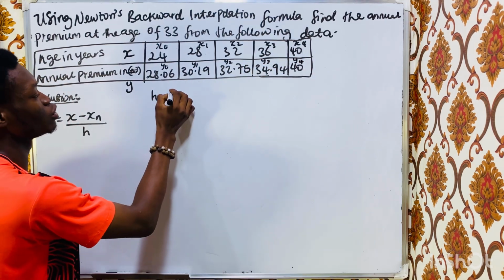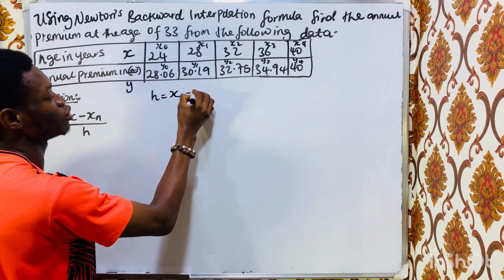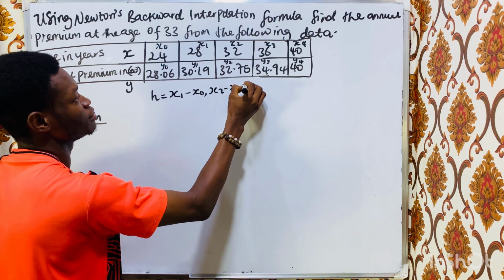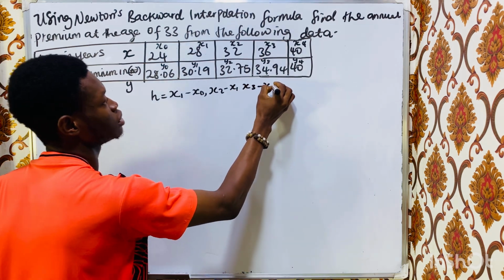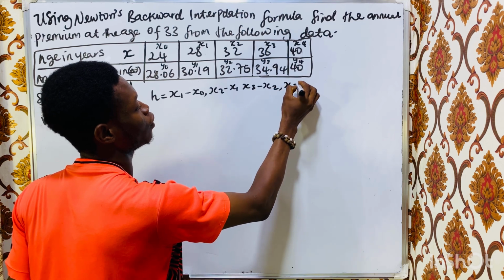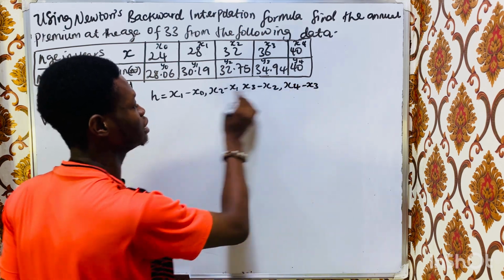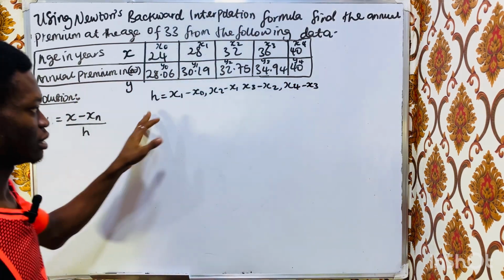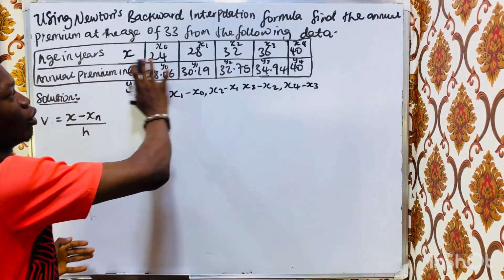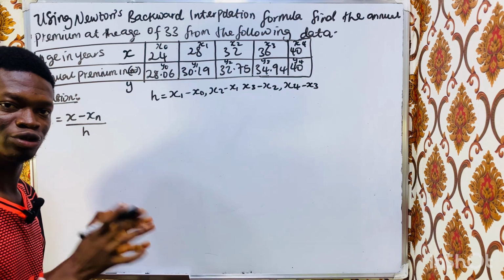Our age differences are x1 minus x naught, x2 minus x1, x3 minus x2, x4 minus x3. These are the values of our age, and their common difference is equal. So you can use forward or backward.